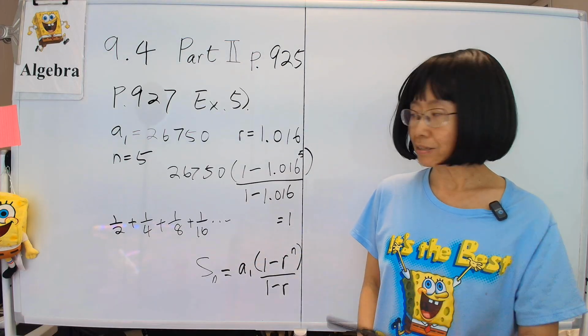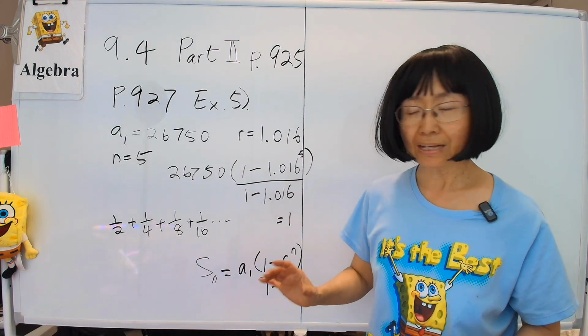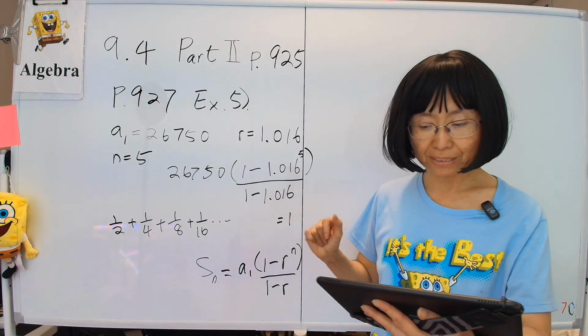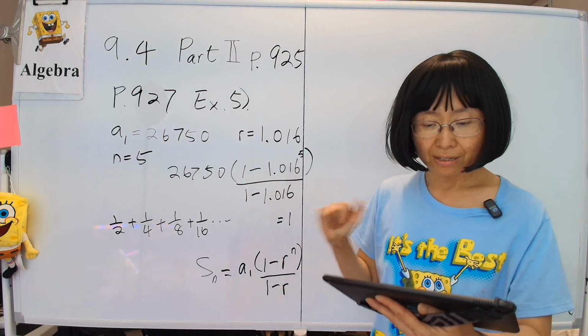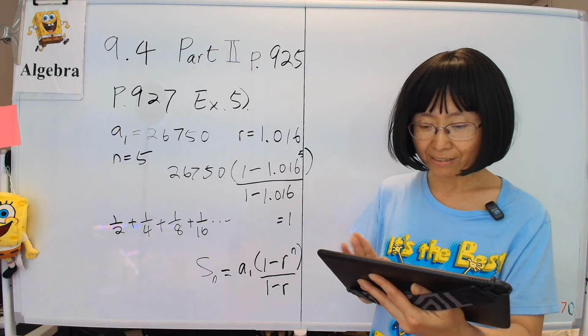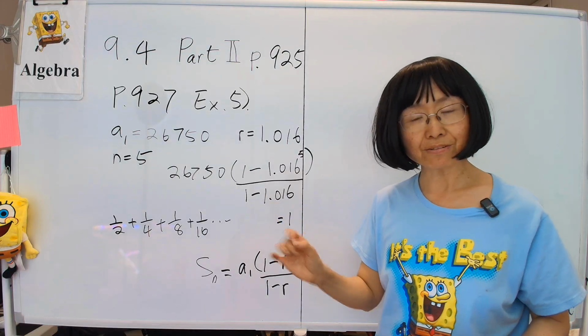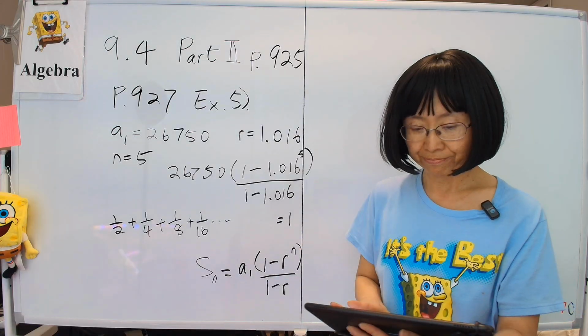Now as a whole, if the ratio between these two terms is less than 1, then the series will converge. That is, the sum will be defined. Otherwise, if the ratio is 1 or more, then the sum is not defined. The ratio can be negative as long as its absolute value is less than 1, that is, if the value is between -1 and 1.